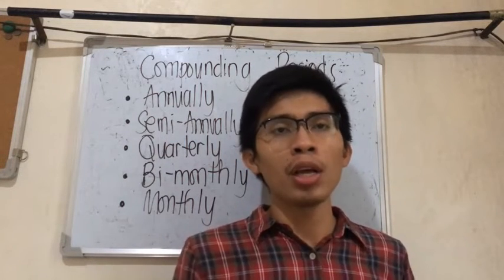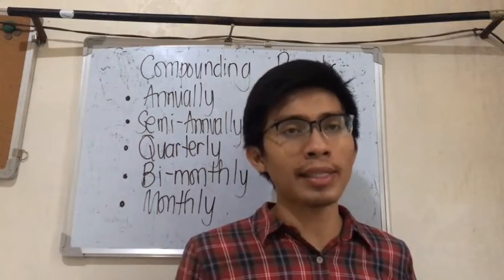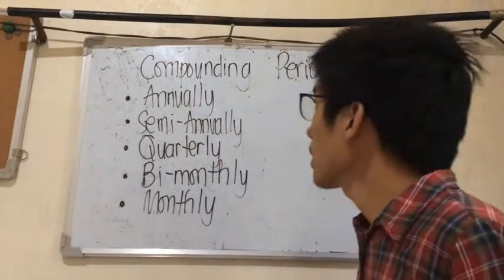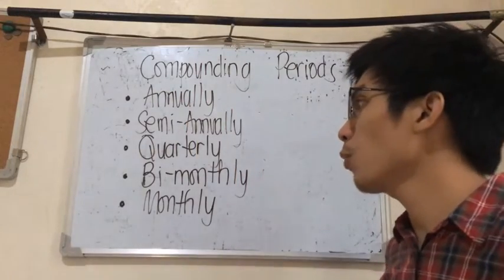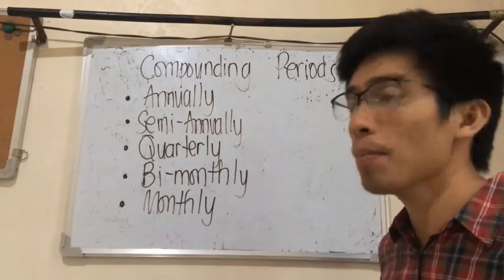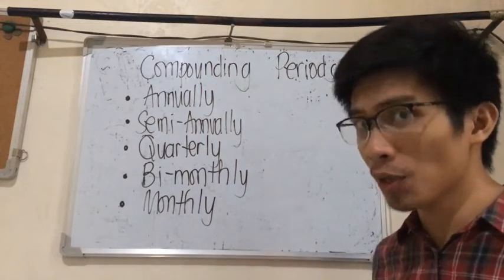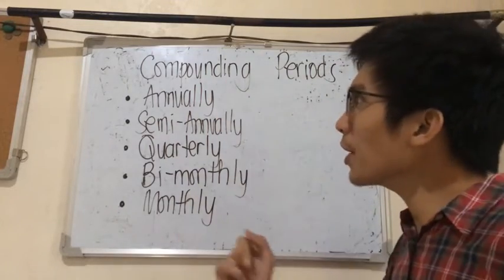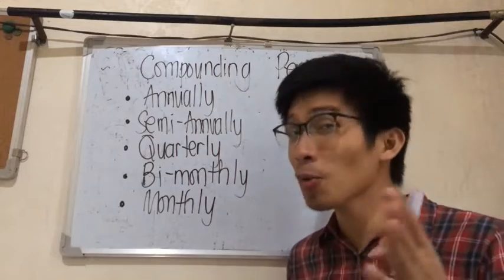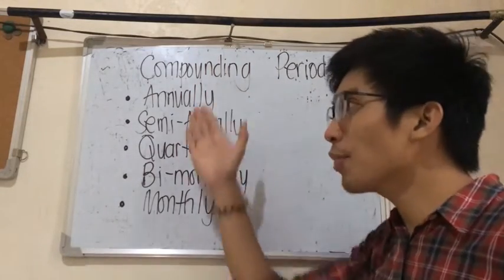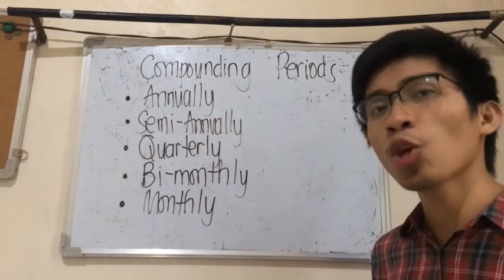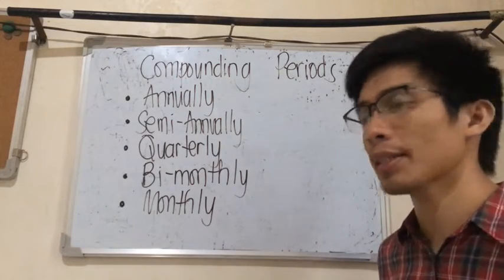Say for example, the compound interest at my back. Compounding periods: annually, semi-annually, quarterly, bi-monthly, monthly, and so on and so forth. These are some of the compounding periods that you may encounter as you solve compound interest problems. And this compounding period says how frequent your money will increase.